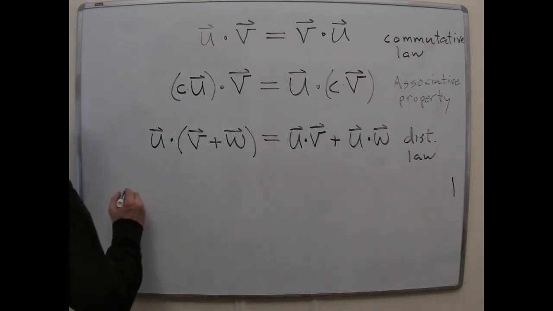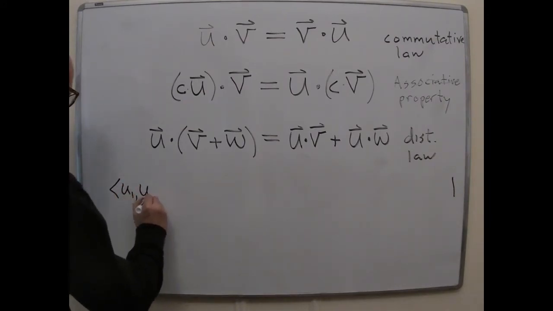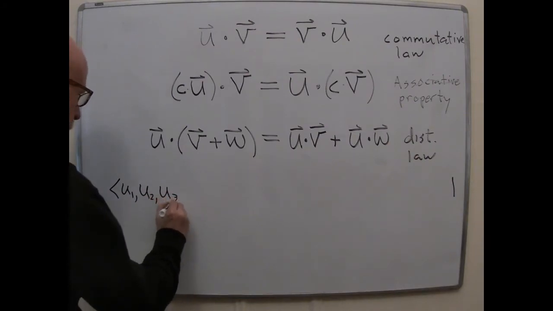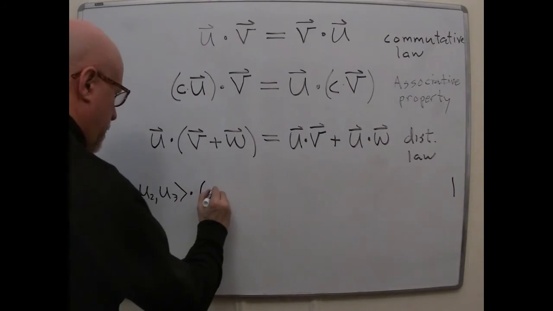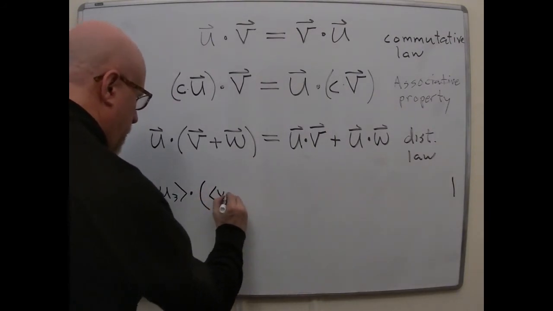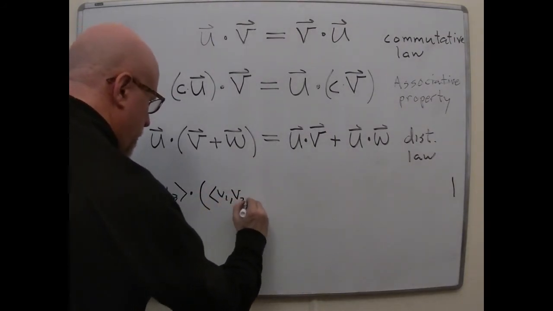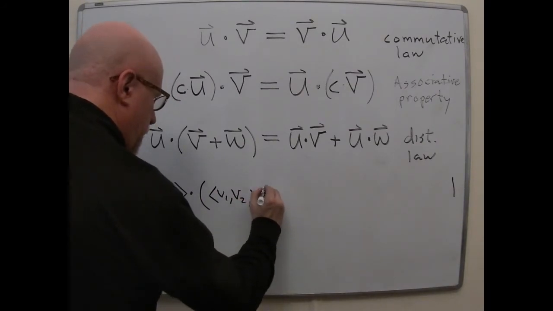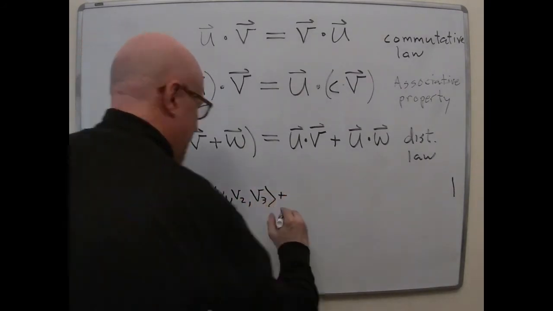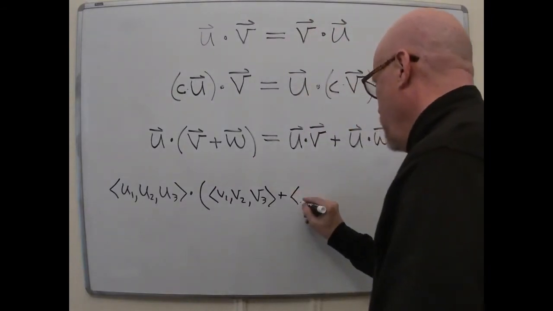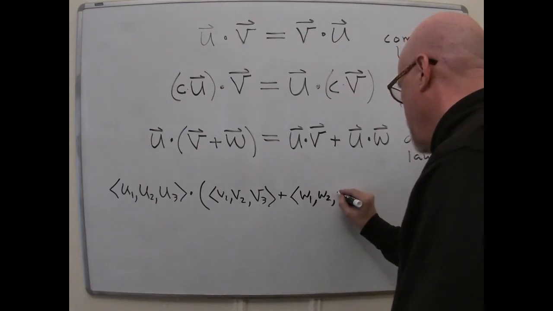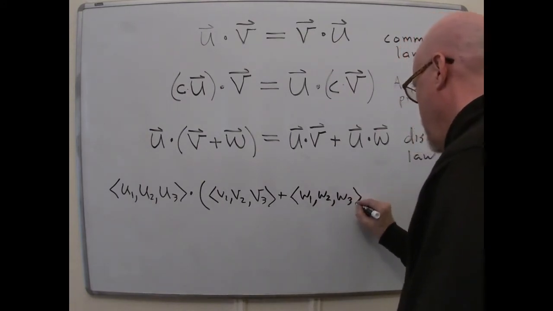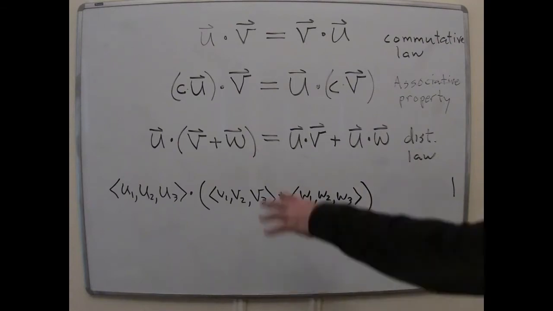So if U is U1, U2, U3, and I'm dotting it with the sum of V1, V2, and V3 added to W1, W2, and W3. So that's the left-hand side.